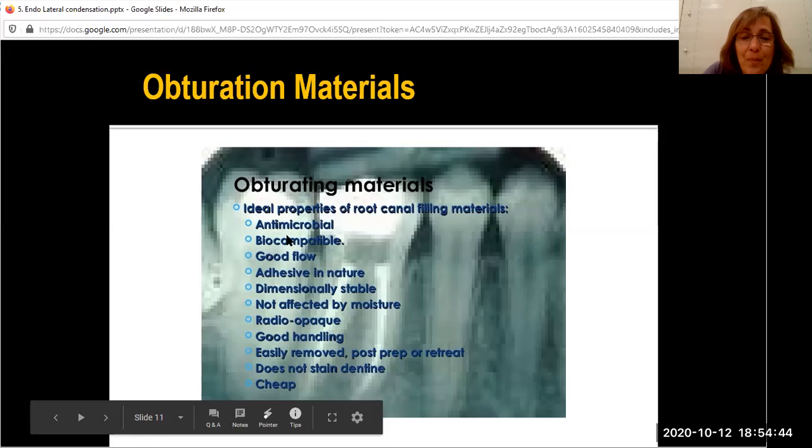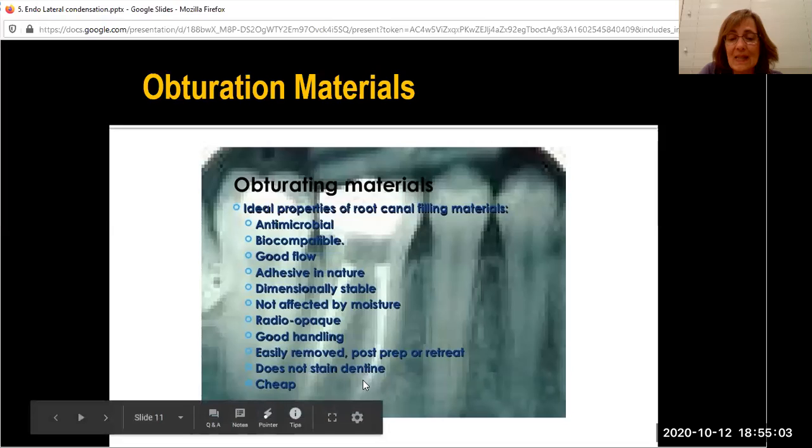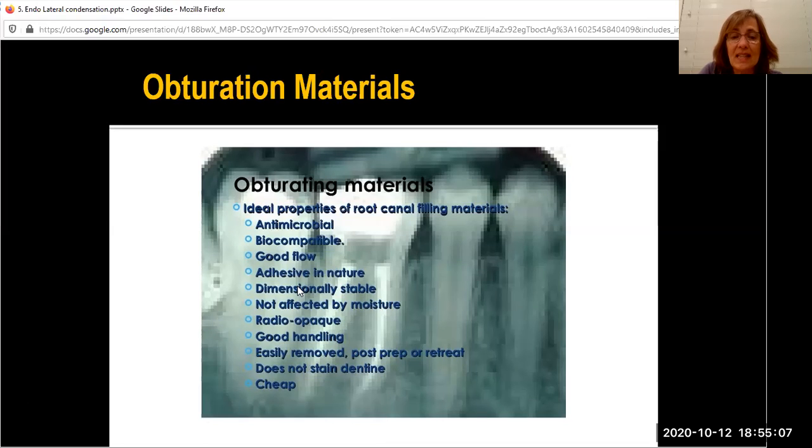Obturating materials. What type of qualities should it have? It needs to be antimicrobial. It needs to be biocompatible. It needs to have a good flow. It needs to be adhesive in nature, meaning that when you place it into the canal, it actually stays where you place it.